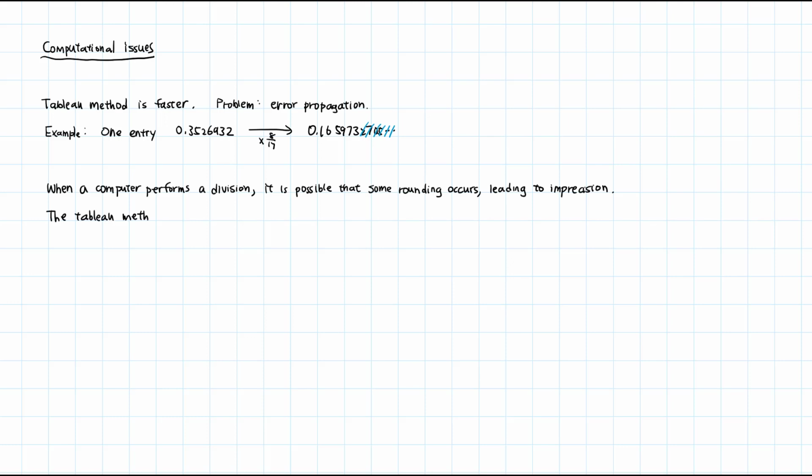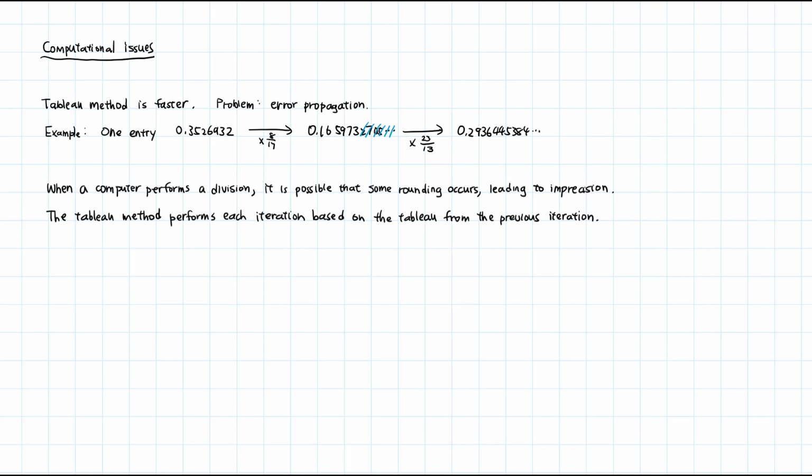The Tableau method performs each iteration based on the tableau obtained from the previous iteration. In our example, we could perform another calculation and then round off that number again, and so on and so forth. So the imprecision we have at each step will carry over through each iteration. So there is a compounding of errors which may lead to a wrong solution.